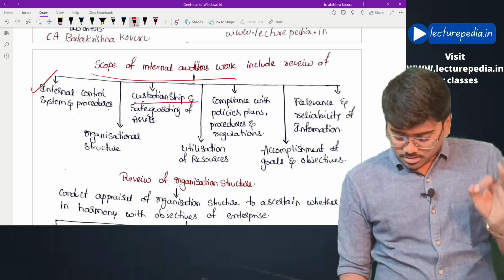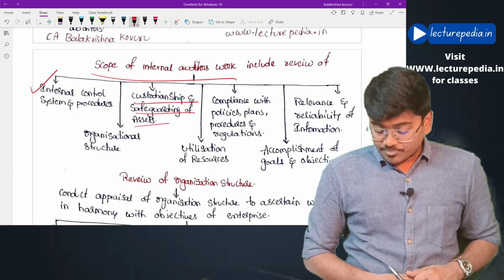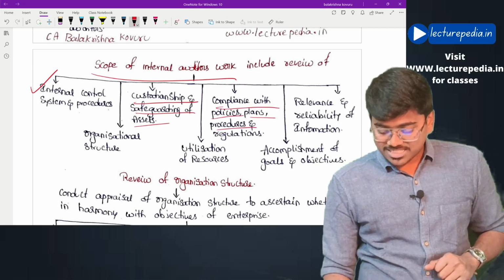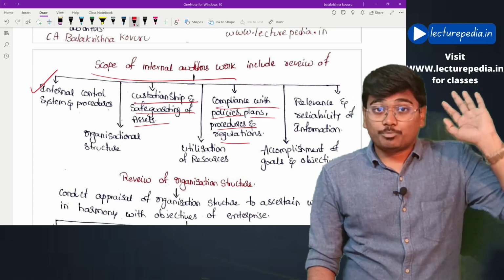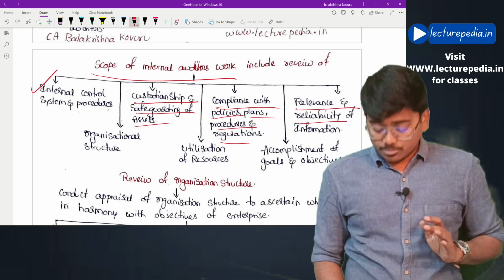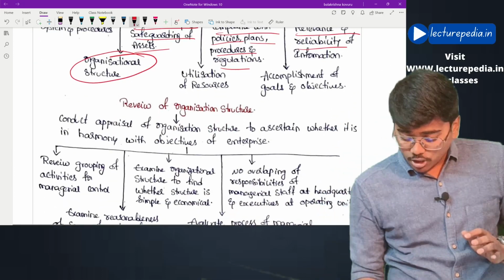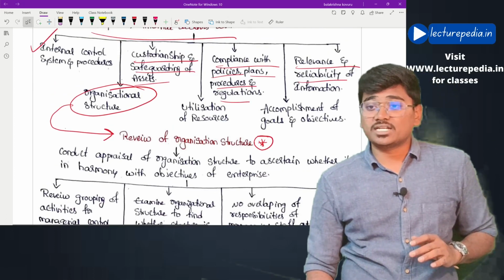See, custodianship and safeguarding of the assets of the organization, and he will also see whether the organization is complying with policies, plans, procedures and regulations, and whether the information provided by the organization is relevant and reliable. And what is the organizational structure? Relating to this organizational structure, there is a separate discussion which you can mark as important.